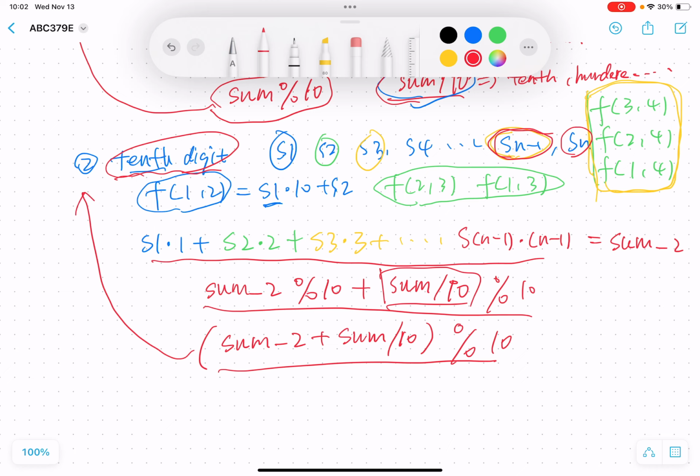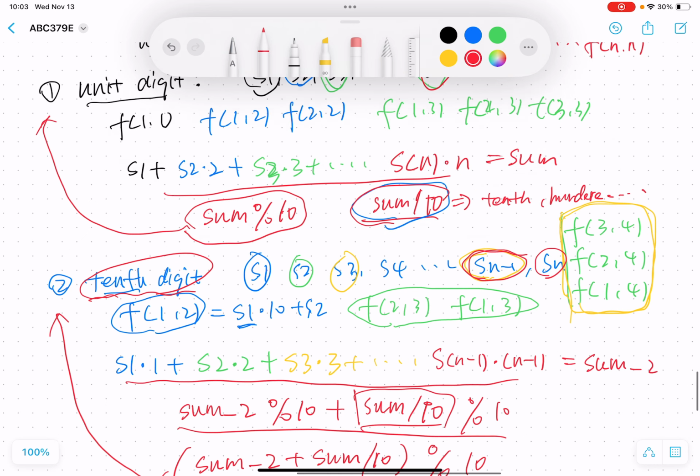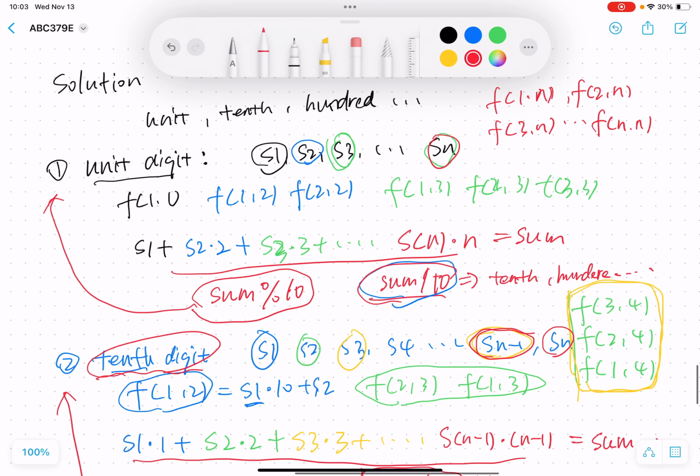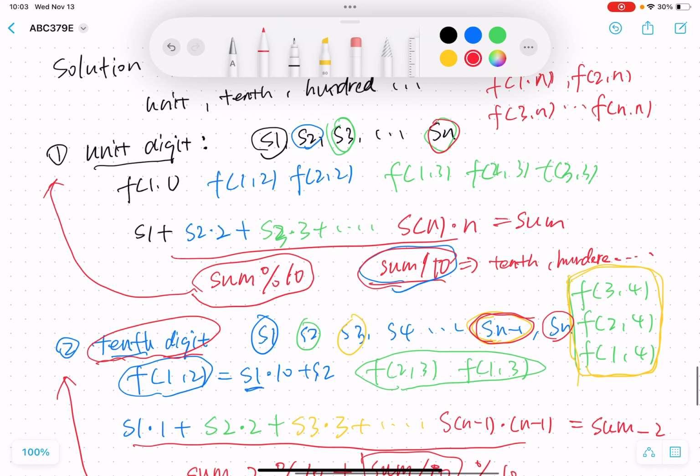How do we calculate the hundreds digit? We can process it one by one and calculate the hundreds digit, thousands digit, and so on until the last digit of the answer. This is how to solve this problem. Actually, we will know sum 2 will be the first n minus 1 elements of sum.